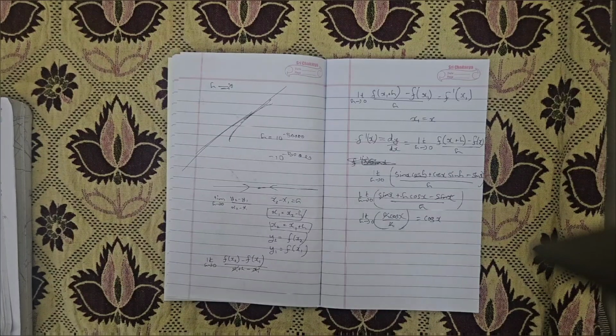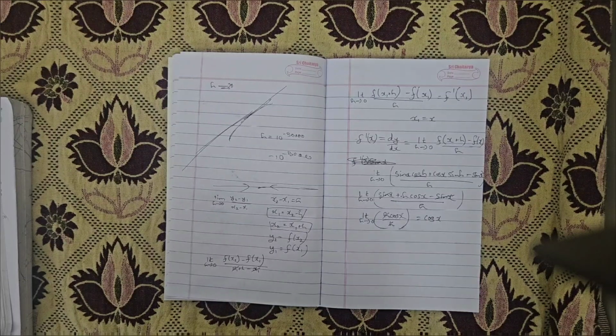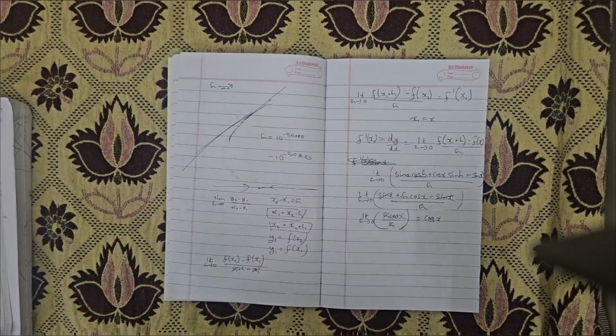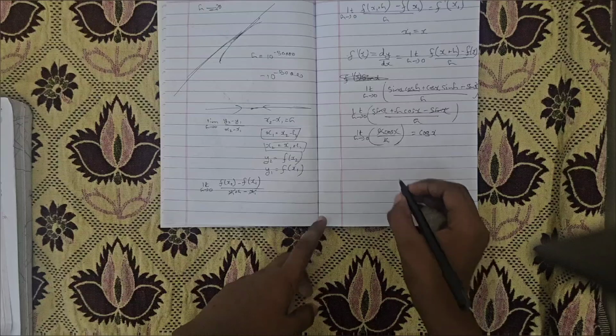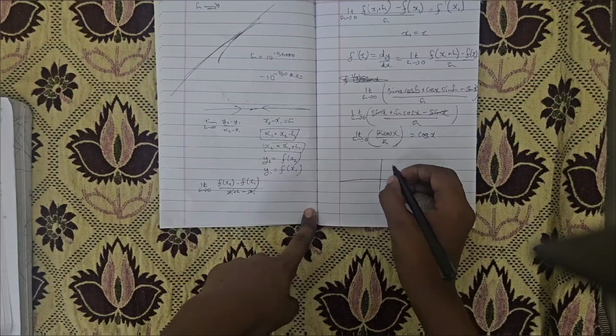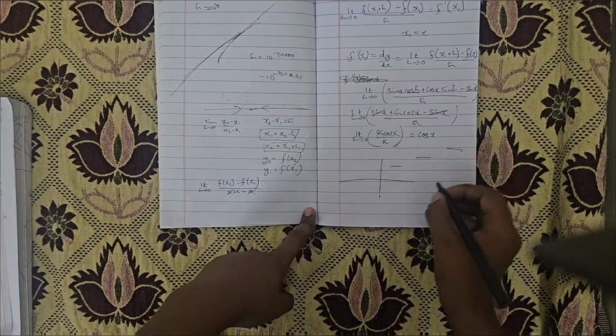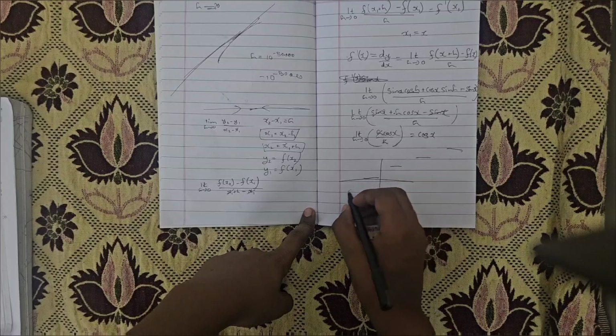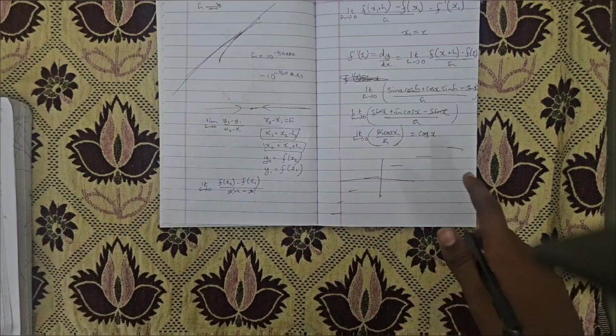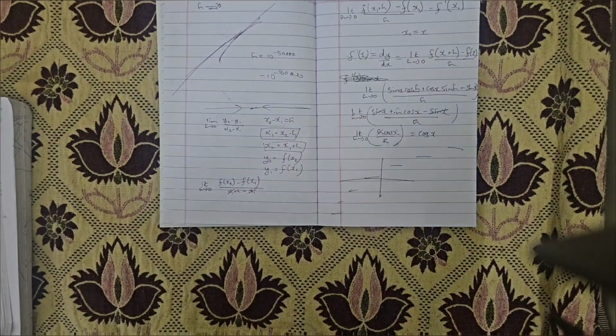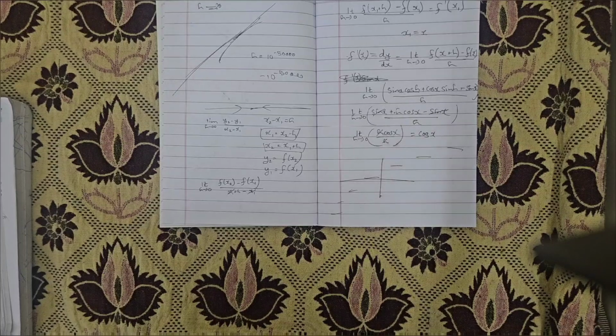It doesn't matter, it must be differentiable at some value, and not like a step function or greatest integer function, whose graph looks something like this. So it's not continuous or differentiable, so we can't differentiate this function.